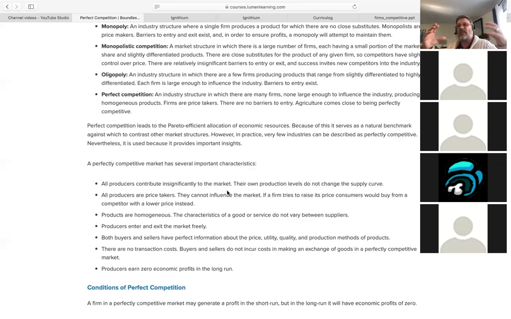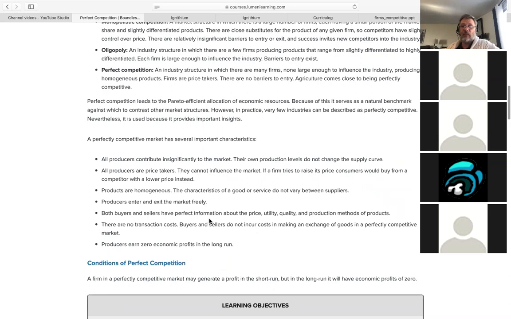So if you're talking about expanding or shrinking with respect to capacity, that's a long run decision of the firm, a long run behavior. The only thing that the firm does in the short run is decide whether to produce more or less of its given capacity. So if it has the capacity to produce 1,000 units, it might produce 100 under some set of circumstances, and under another set of circumstances it might produce 50. But it's not changing its capacity, it's just changing how much to produce within that capacity. Anyway, hopefully that helps orient you.